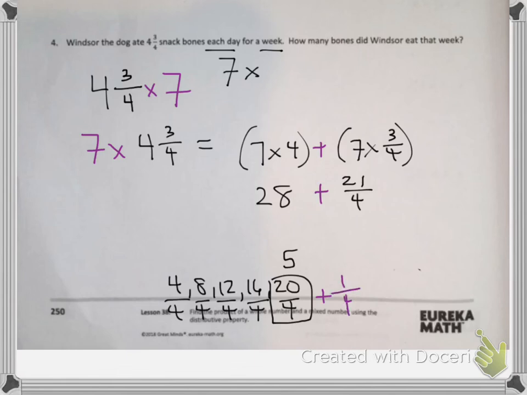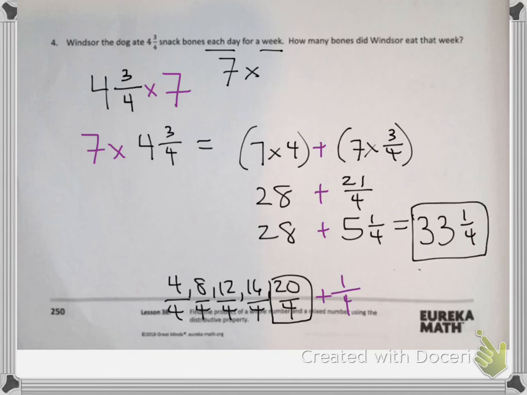So my answer is 28 plus 5 whole and 1/4. Remember, I got this 5 from 20/4. We can take out 20/4, and we have 1/4 left over. I use my skip counting, and we'll have 33 and 1/4. And there we go, and that is the answer.